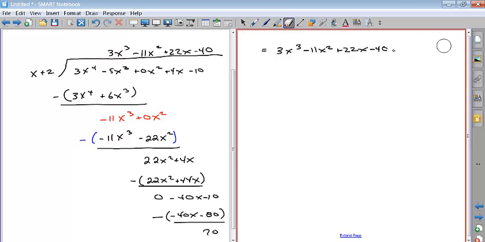I knew something was wrong. Okay, so let's fix that. Minus 40. And then my remainder was 70, so that's plus 70 divided by x plus 2.